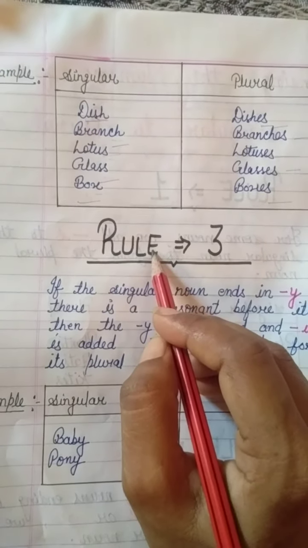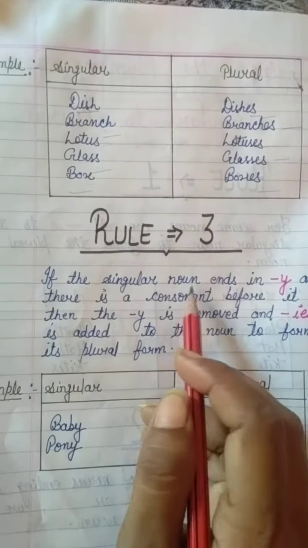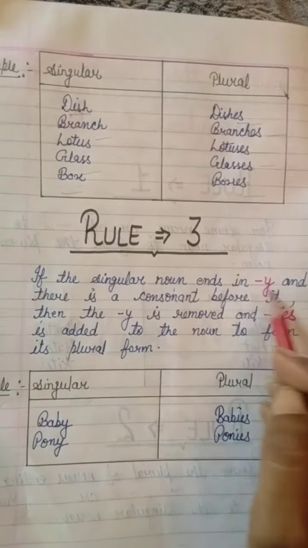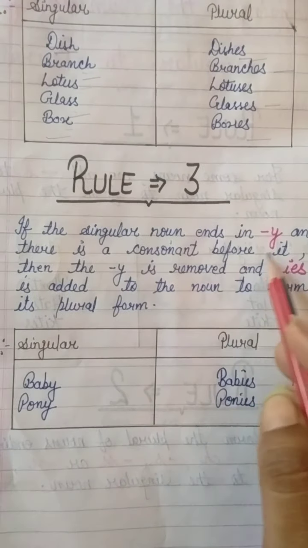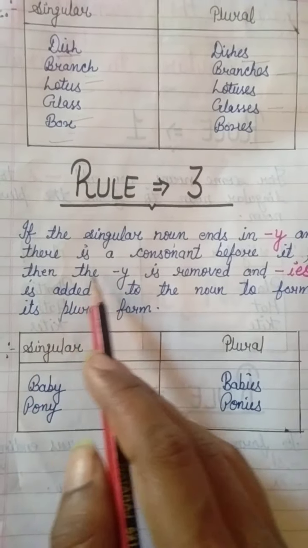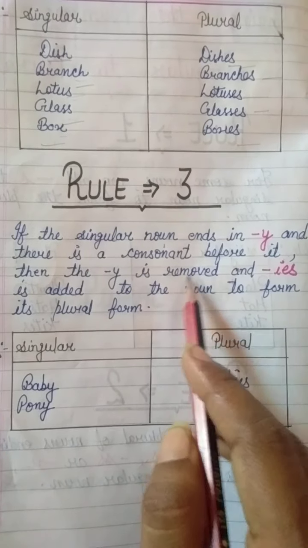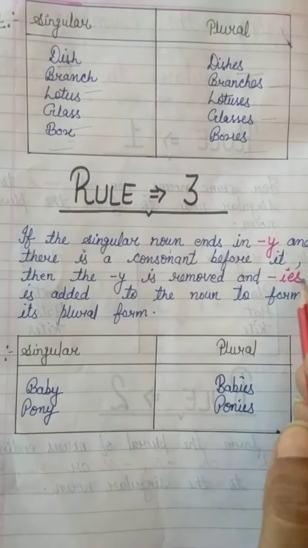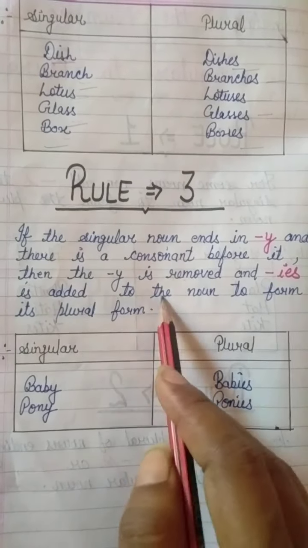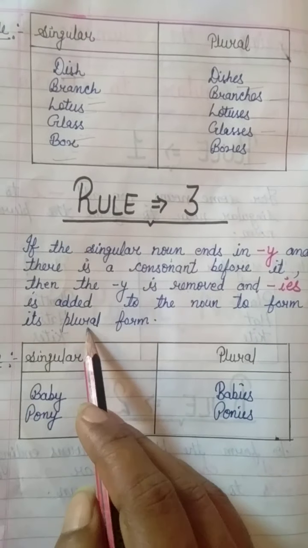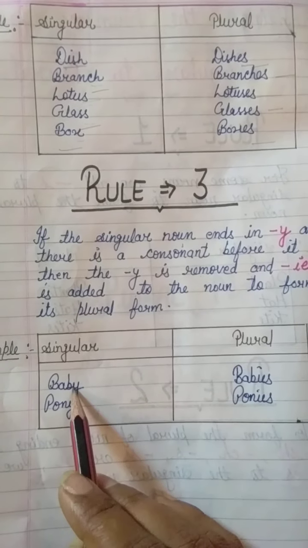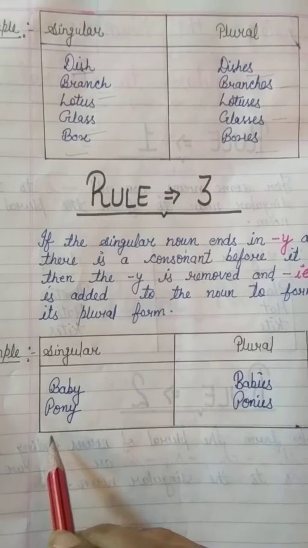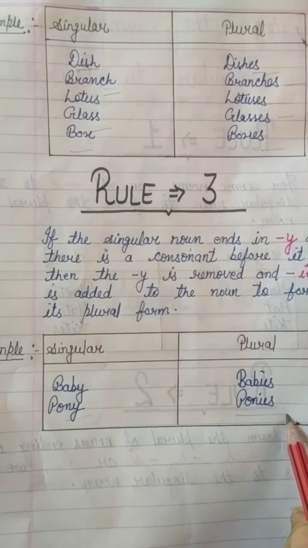Now the rule number three. If the singular noun ends in y and there is a consonant before it, then the y is removed and ies is added to the noun to form its plural form. For example, baby, babies, pony, ponies.